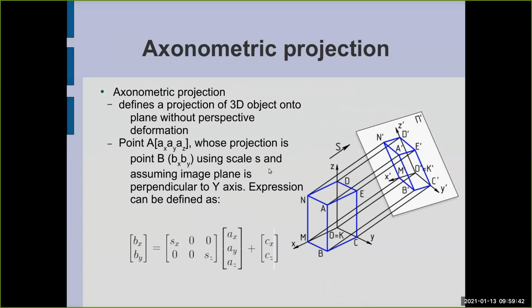Okay. Similar to homogeneous transformation, we have something which is called axonometric projection. Axonometric projection lets us calculate the image which will be created when we project a three-dimensional object onto a two-dimensional plane.